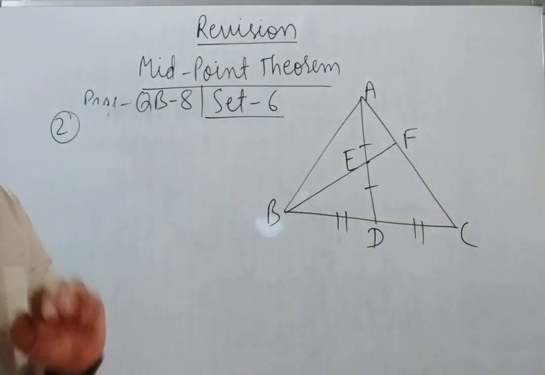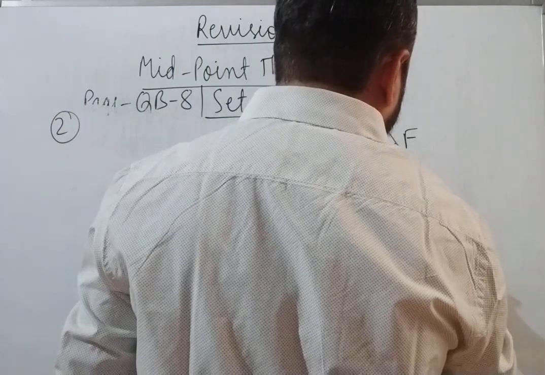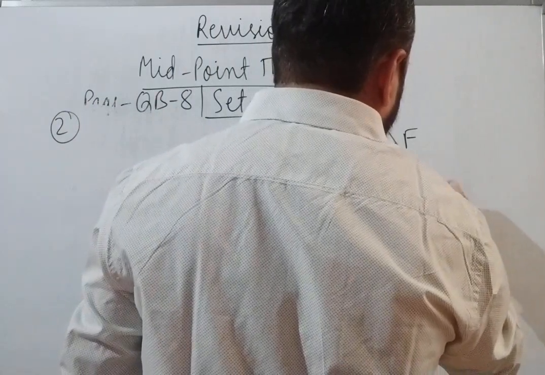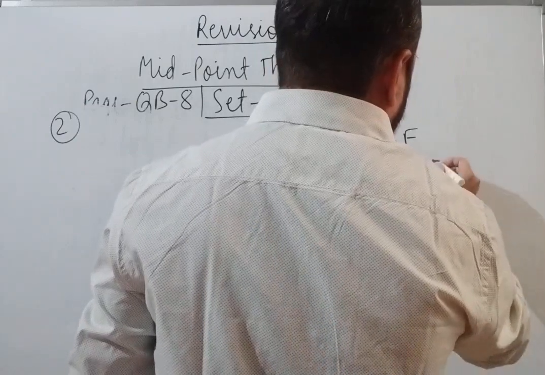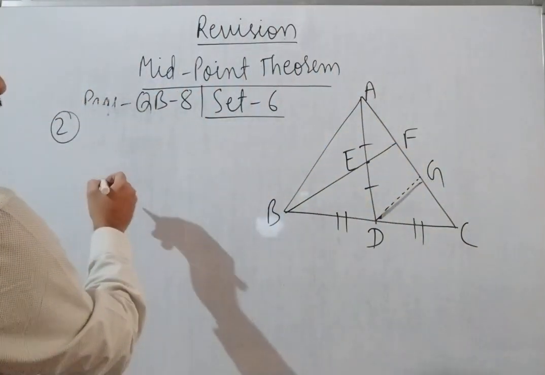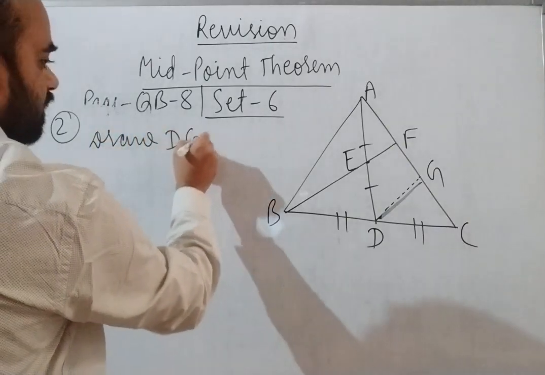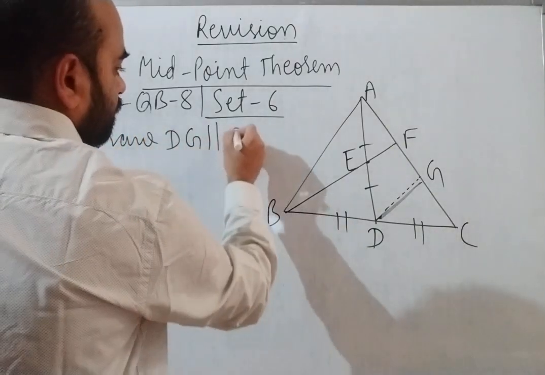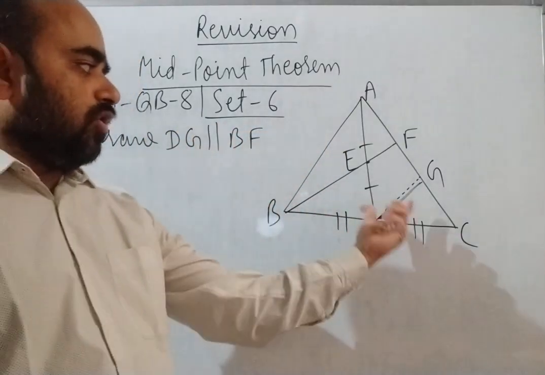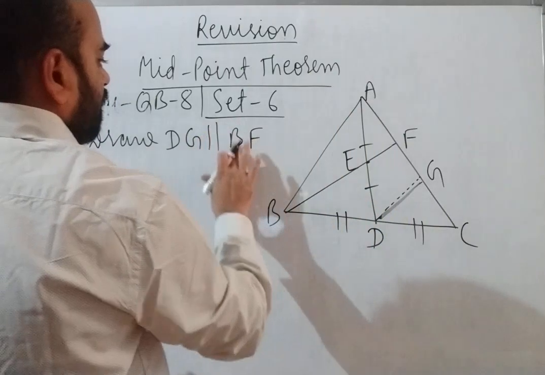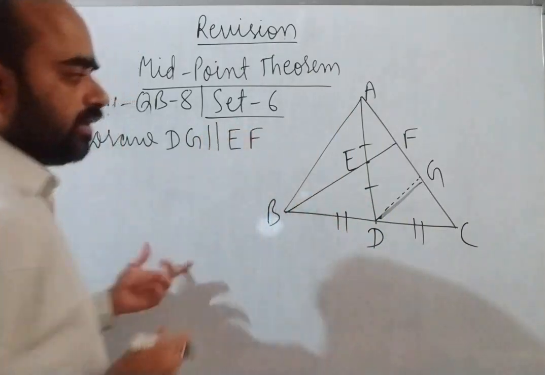So for this we have to do some construction. So construction is draw DG parallel to EF. Clear?